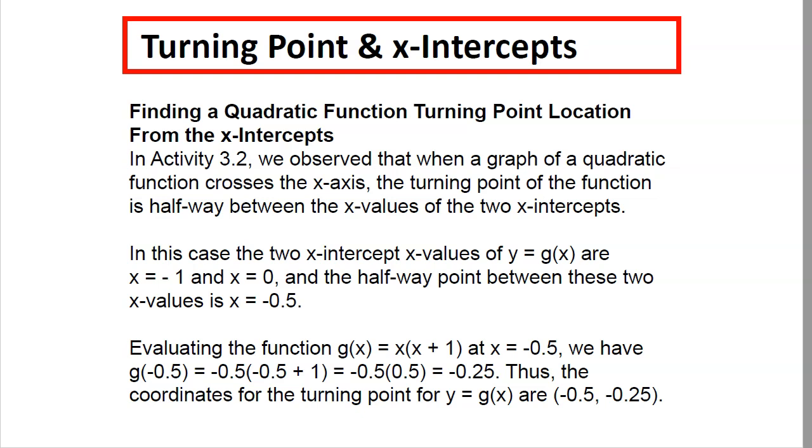In this case, the two x-intercept x values of g of x are x equals -1 and x equals 0, and the halfway point between these two x values is x equals negative 0.5. Evaluating the function g of x at x equals negative 0.5, we have g of negative 0.5 is negative 0.25. Thus, the coordinates for the turning point for g of x are (negative 0.5, negative 0.25).